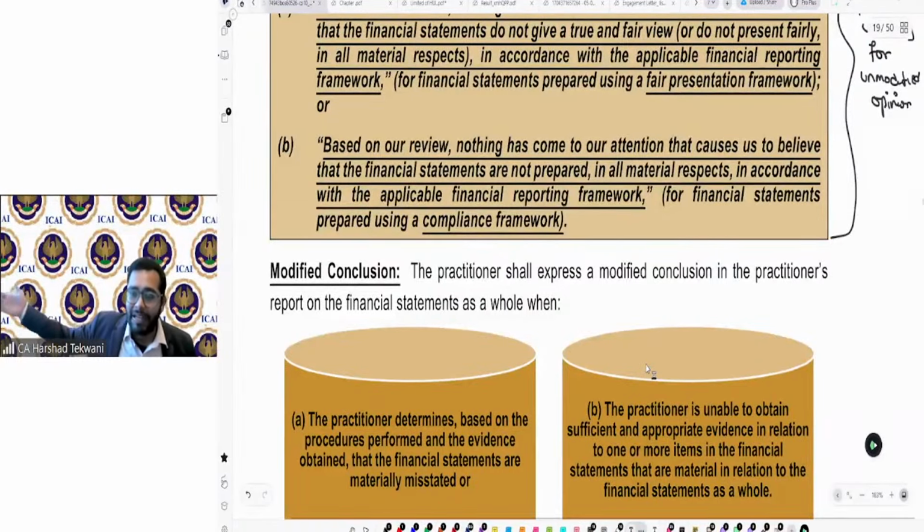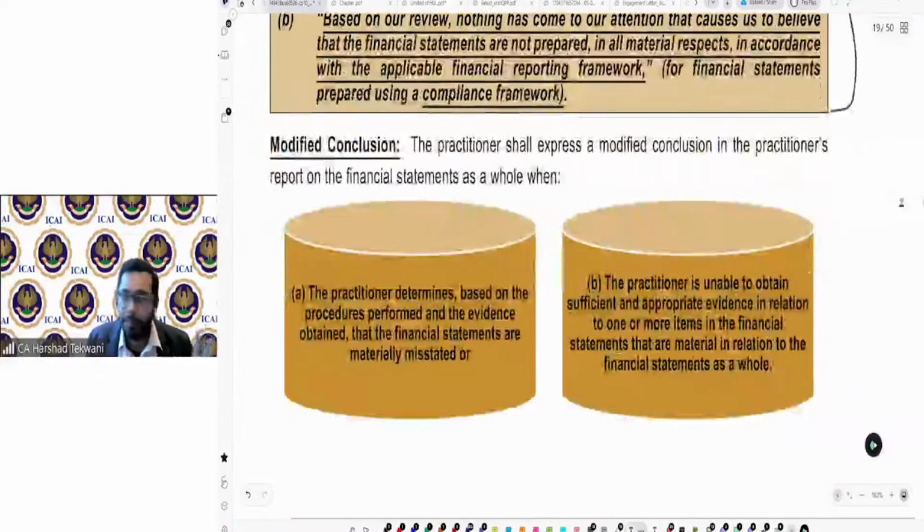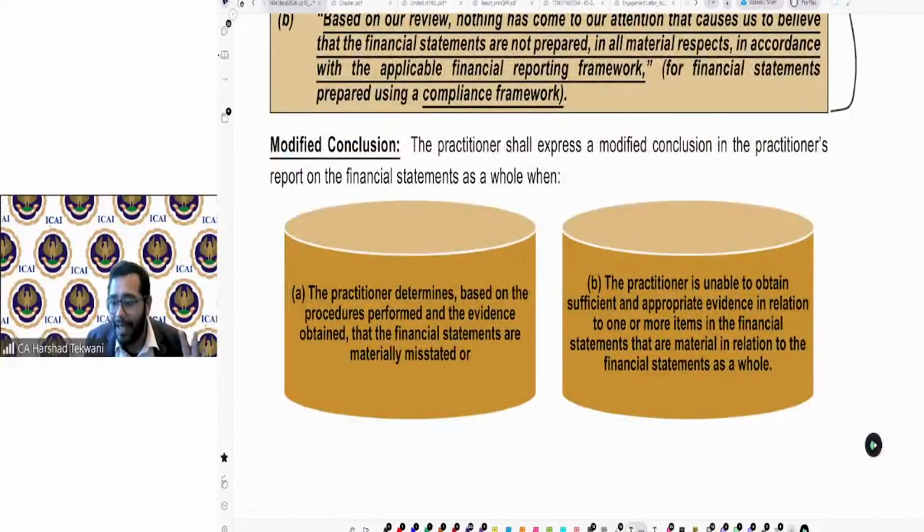The requirements that we have understood in SA 705, if SAs are not applicable in review engagement, then how can we decide which opinion to issue? That's why we have guidelines, requirements embedded on similar lines in SRE.